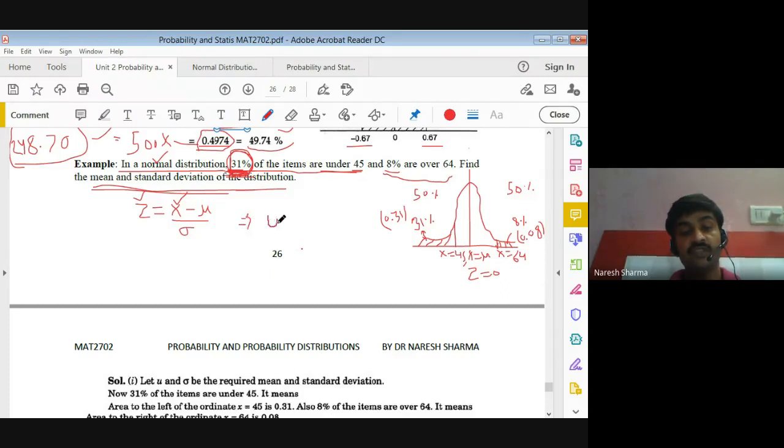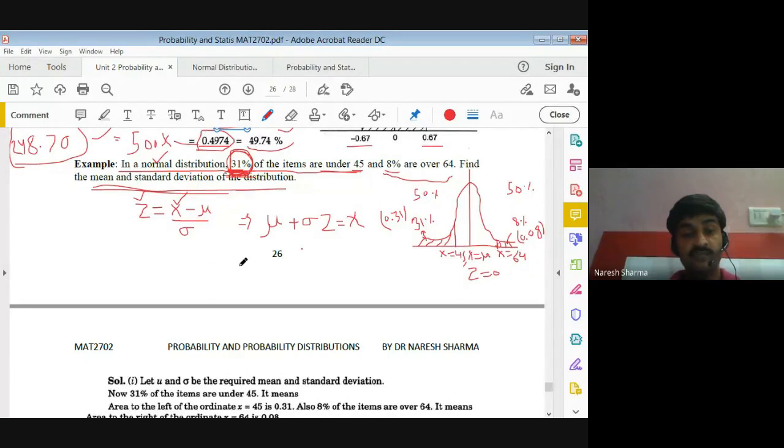We multiply sigma to z. From this, if we multiply sigma to the left side and shift mu to the left side, we get this one.